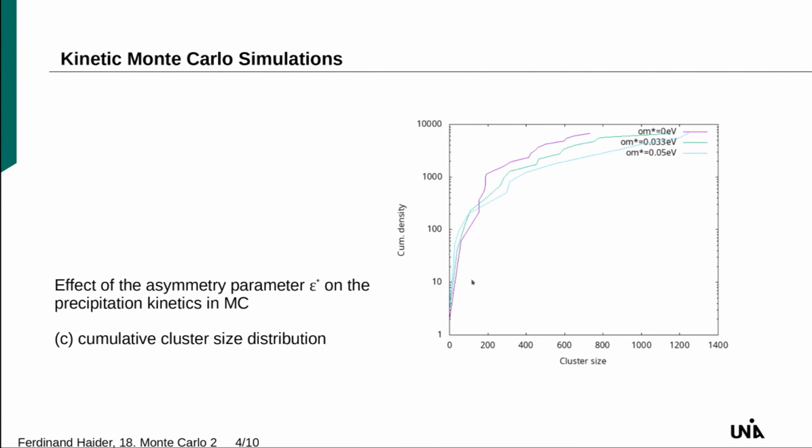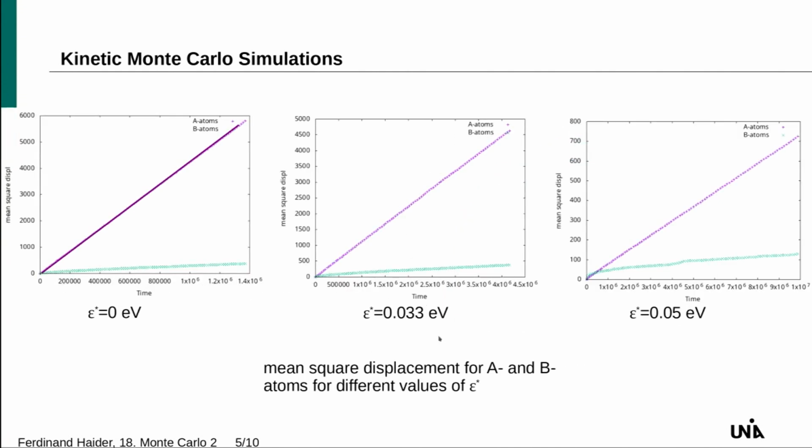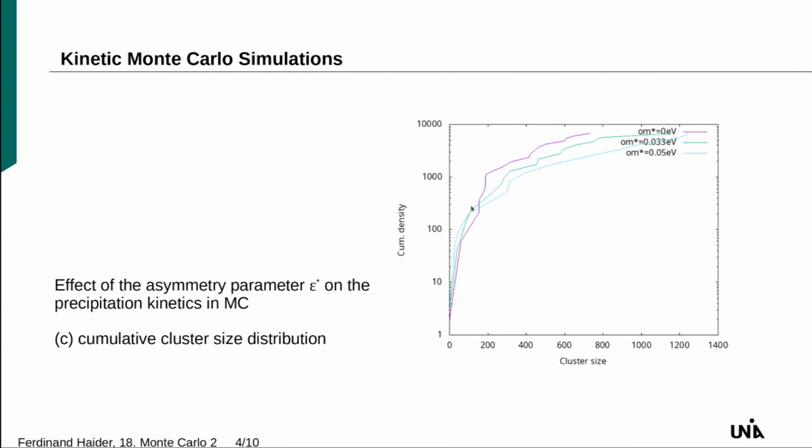The slope, I mean, if you would take a derivative, this would give you the size distribution as you know it. Yeah? It's just a technical trick, but it avoids certain complications. And because the variation here was pretty large, I used a logarithmic scale here. And you see again that this cluster size distribution is quite different, because of course if you have higher mobility of the B atoms, then you get faster clustering.